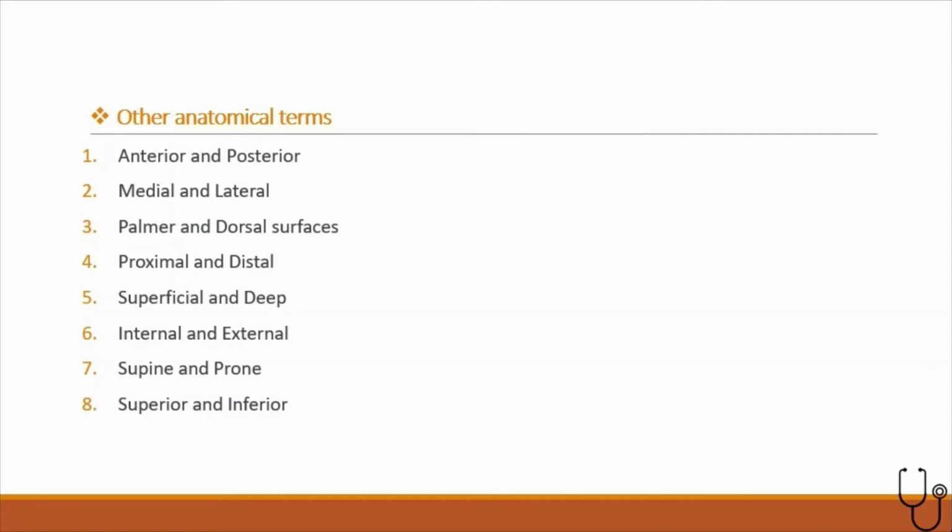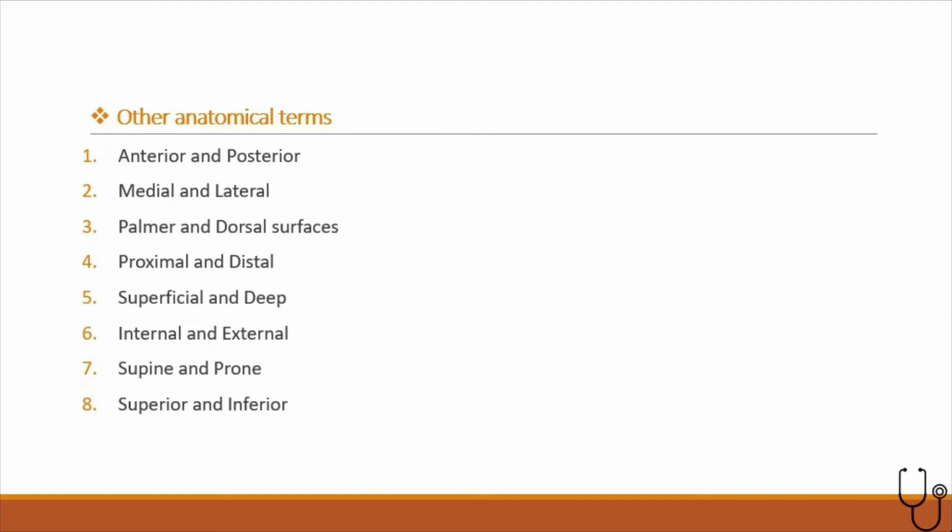Then the superficial and deep. Superficial and deep describe the relative distance of structures from the surface of the body. The next one is internal and external. It means the relative distance of structures from the center of an organ or cavity.